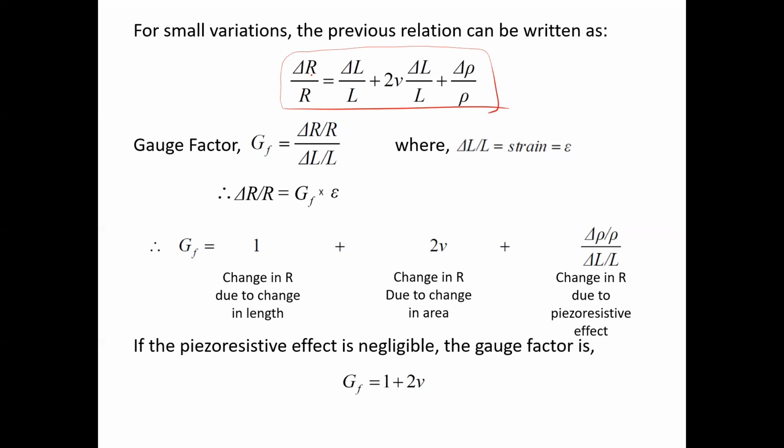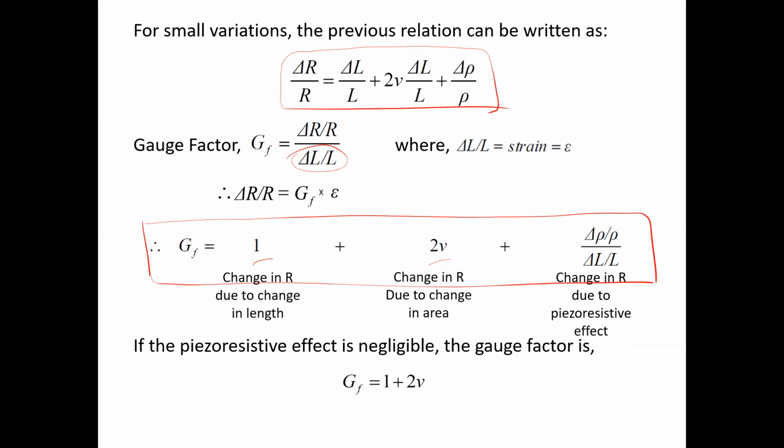For that, we are going to divide both sides by delta L by L, and if we do so, what we are going to have as our expression for the gauge factor is 1 plus 2 into V plus the ratio between the fractional change in resistivity to the fractional change in length, or the ratio between the fractional change in resistivity to the applied stress. So this is actually the generalized expression for the gauge factor.